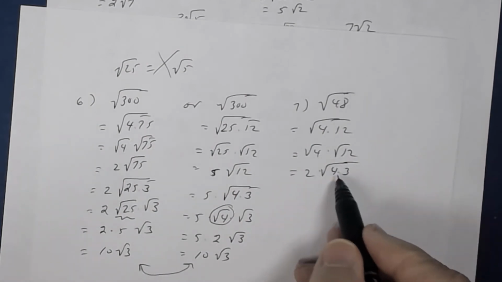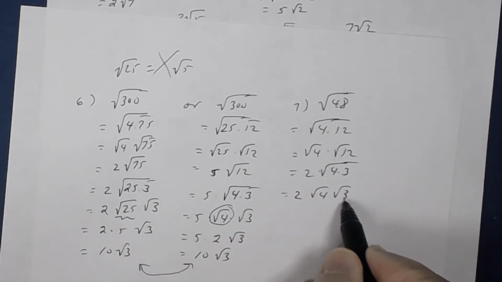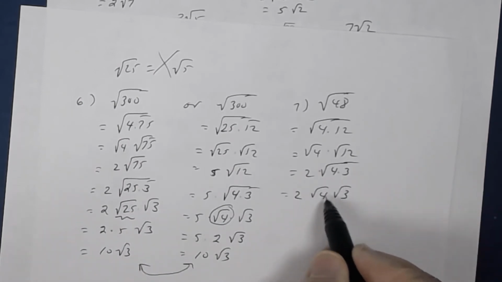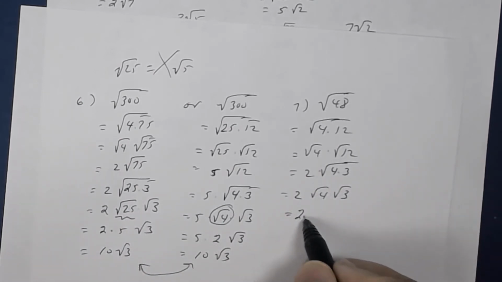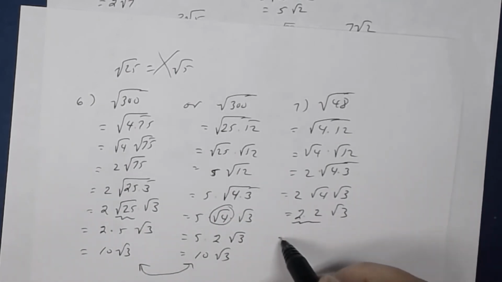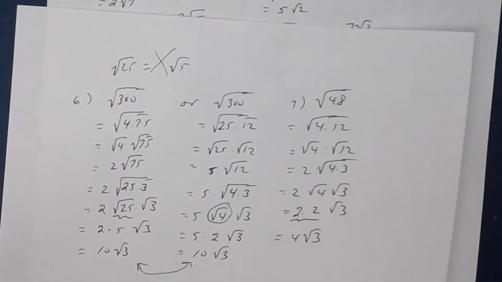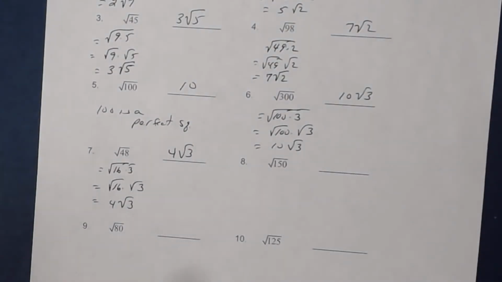And so I'm going to rewrite this as 2 times the square root of 4 times the square root of 3. Square root of 4 is 2, so I get 2 times 2 times the square root of 3. And so 2 times 2 is 4, so you get 4 square root of 3. Okay? But it is so much easier to use the largest perfect square.